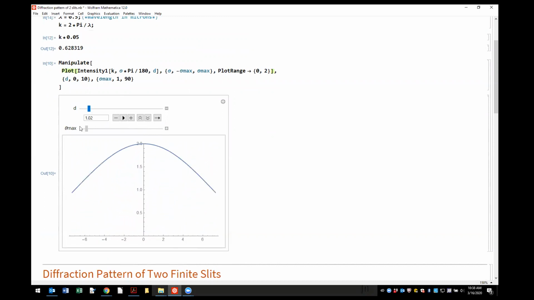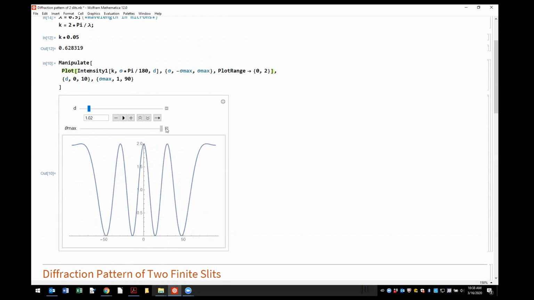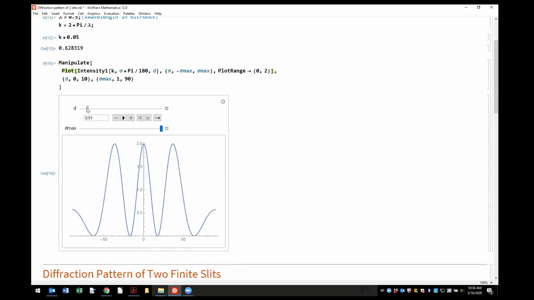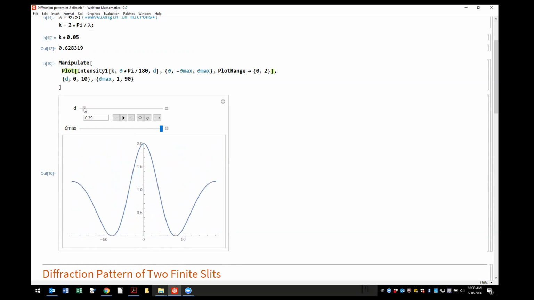And I can plot it from 0 to a very small angle if I want to look at fine details. Or I can plot it from 0 to 90 or 0 to minus 90 if I want to look at large scale features. And we can play with the slit spacing. And we can see that when we have very narrow spacing between slits, we don't get much of a pattern.